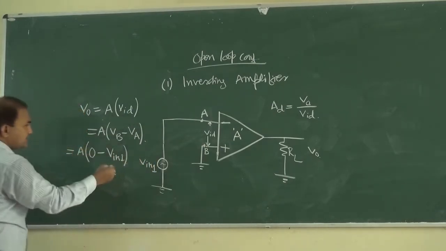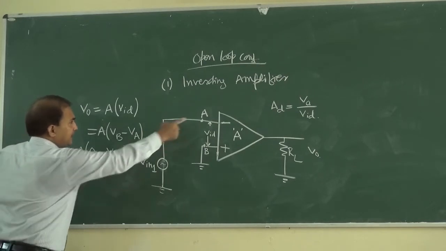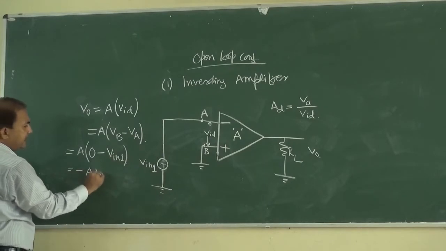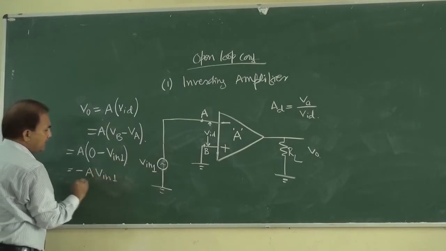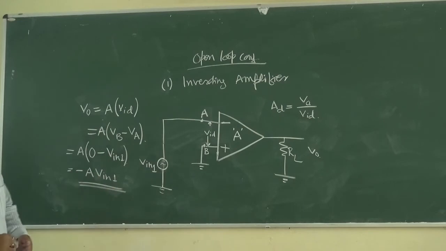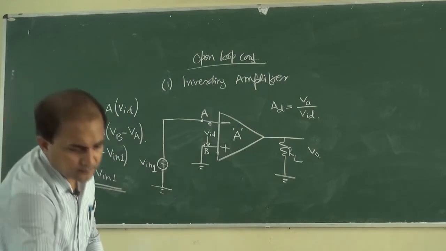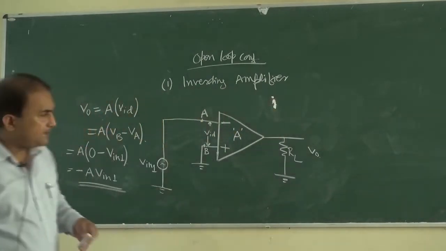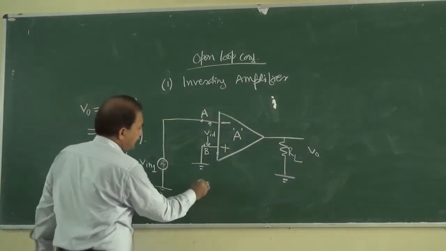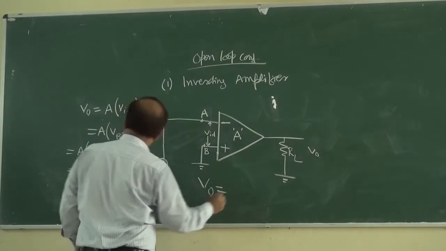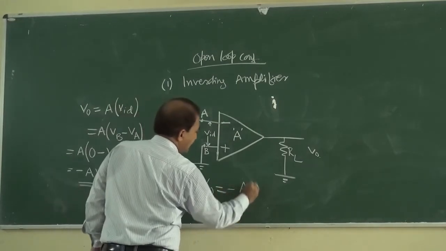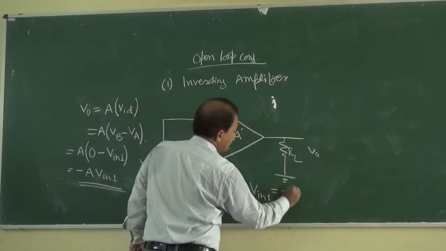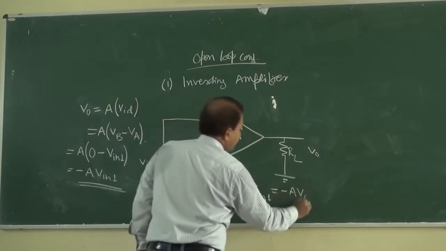Under that situation VA is equal to V in 1, so it is equal to minus A into V in 1. So in the inverting amplifier, V output is equal to minus A into V in 1, which is equal to minus A into VA.